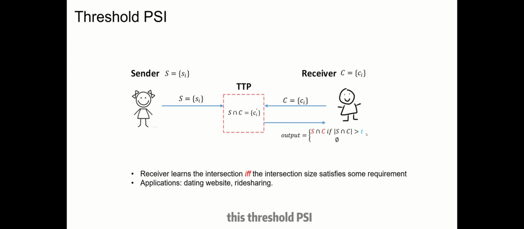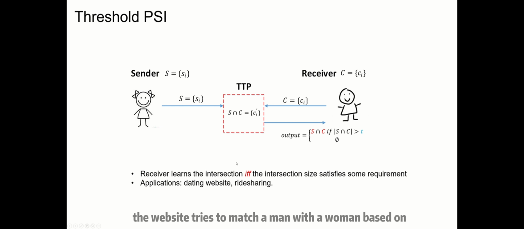This threshold PSI would be very useful in applications like dating websites because the basic logic of the dating website is that the website tries to match a man with a woman based on how many interests they have in common.